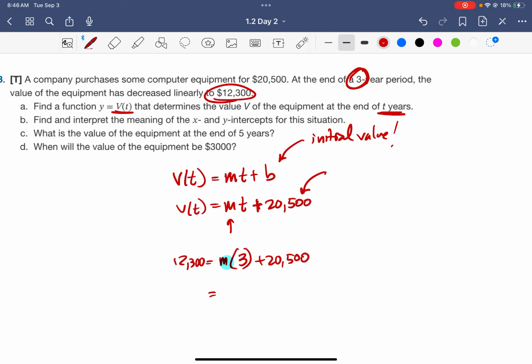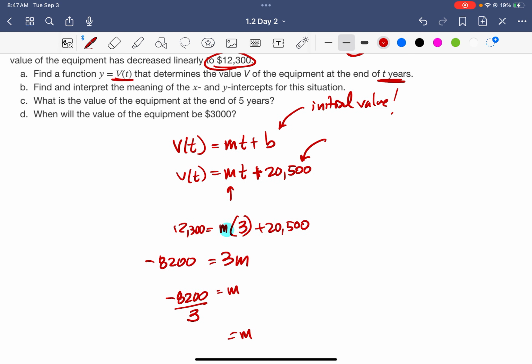Get what? Negative 8,200 is equal to 3m. So if I take that and divide by 3, I end up getting that m is equal to negative 8,200 divided by 3, and it works out not nicely.